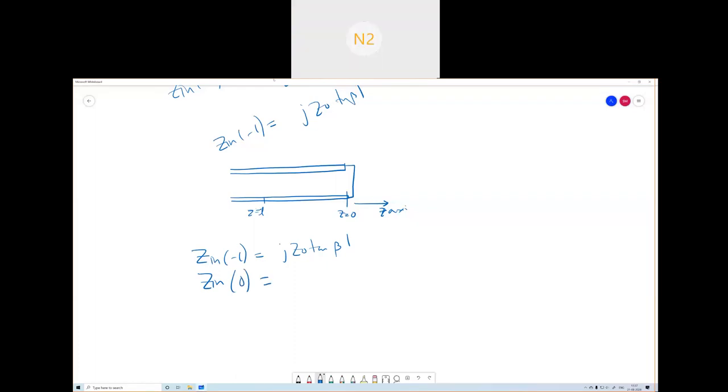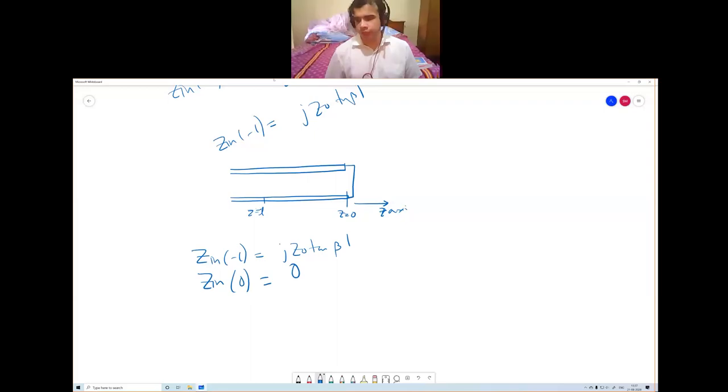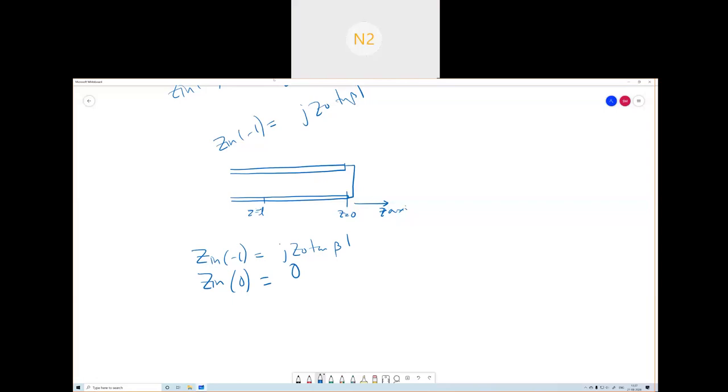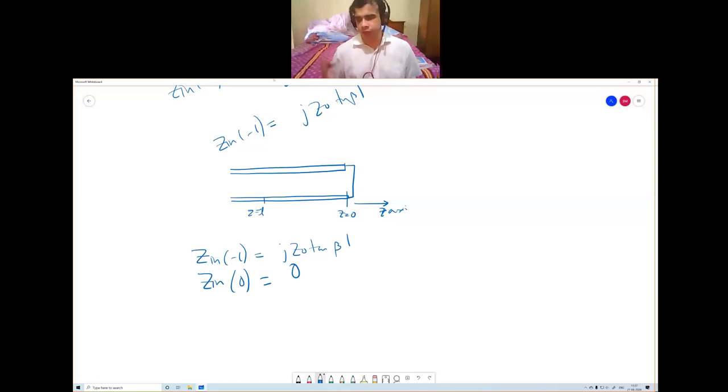This is totally expected because we have shorted the line, so obviously at the load we will get a 0 value. Clear? Is it okay? Yes, sir.